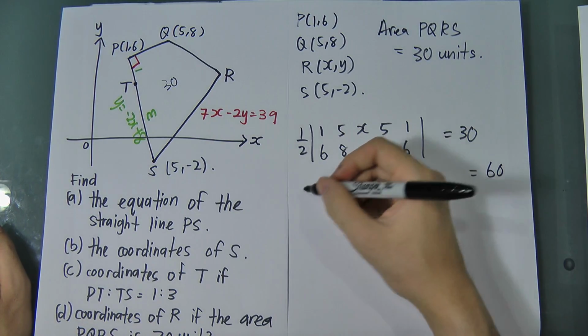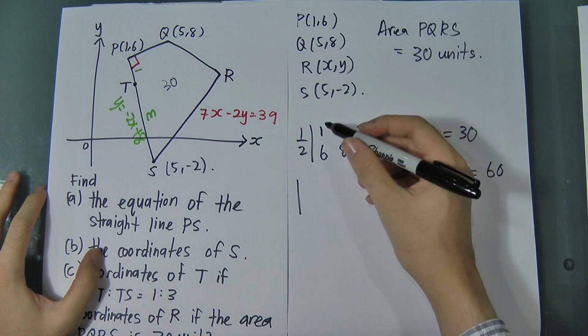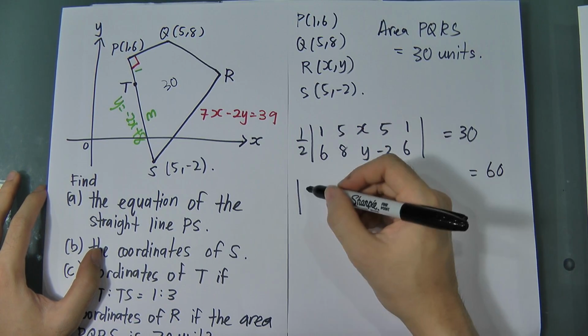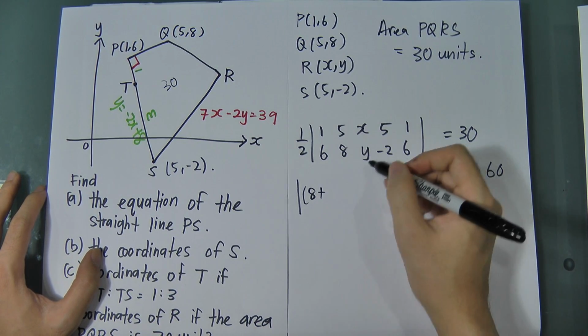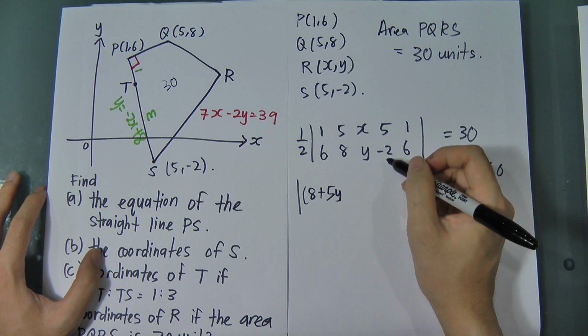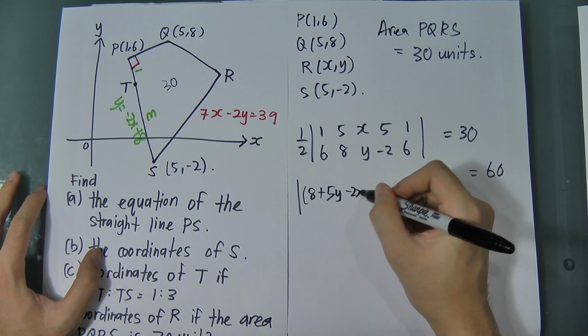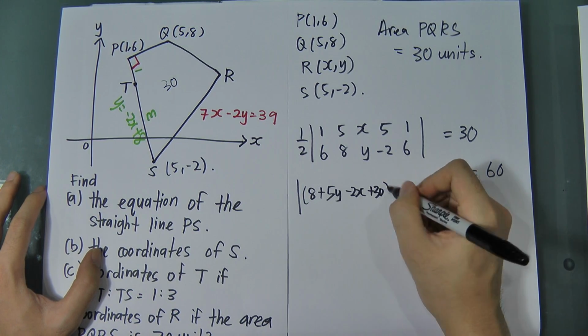Then I'm going to solve this one. If you do not know how to do the area one, just go ahead and find my first video, where I teach you how to solve this. So I'm going to solve it straight away. 1 multiply 8 gives me 8, plus 5 multiply y gives 5y, plus x multiply negative 2 gives negative 2x, plus 5 multiply 6 gives 30.